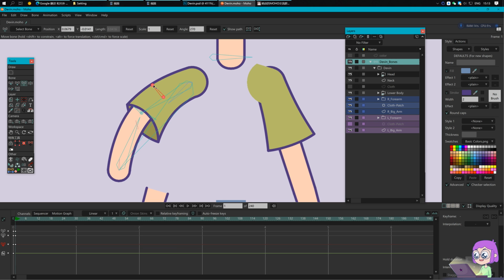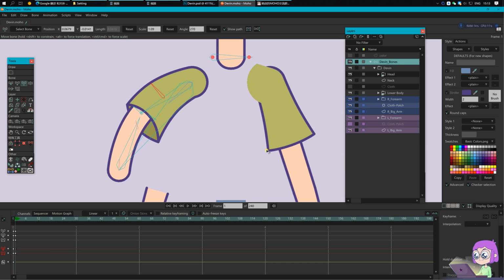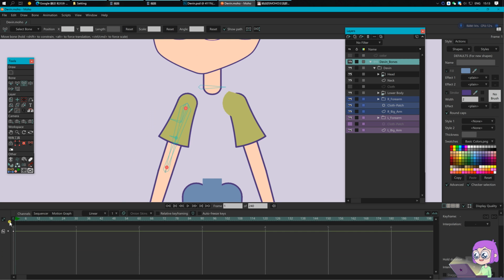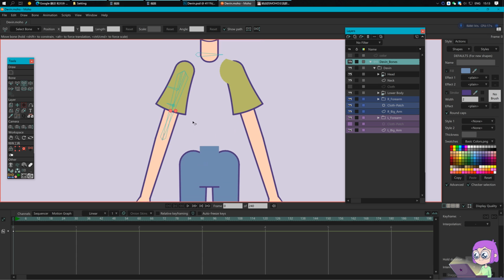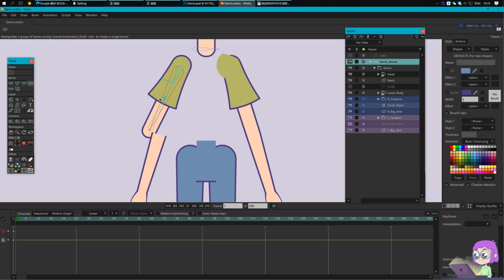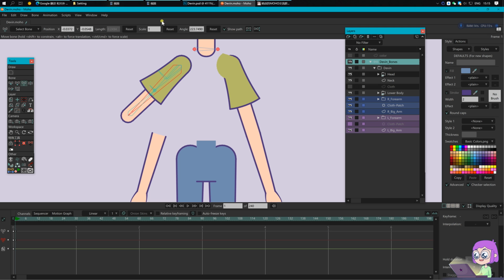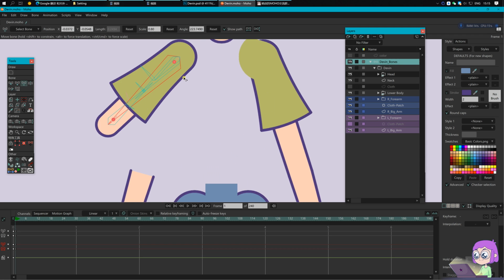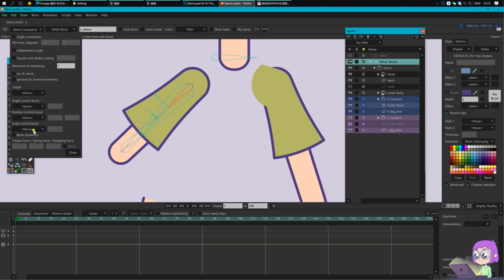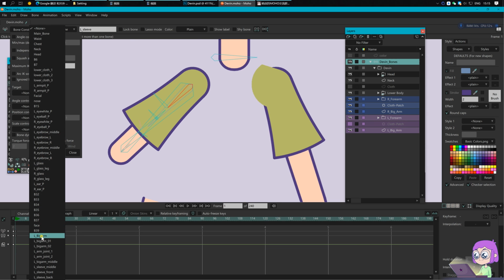Now it looks very good. Now when I scale the arm bones, the length of the sleeve does not change. I only need to set the scale controller of the sleeve bone to the arm bone.